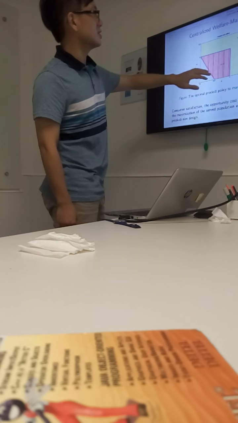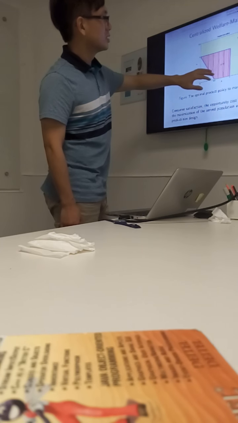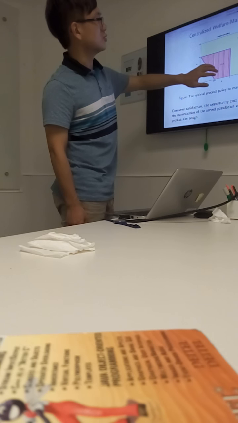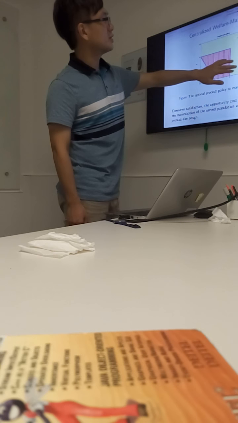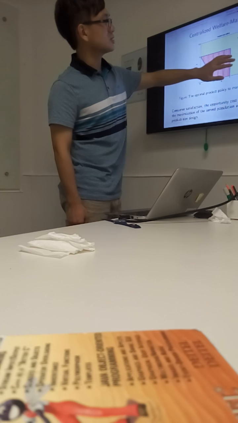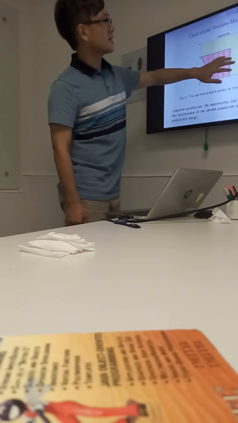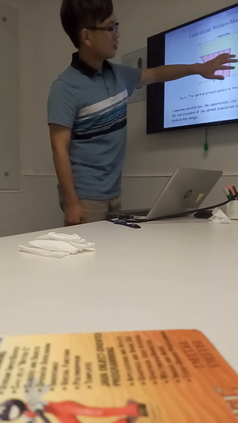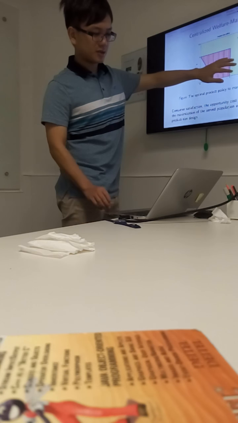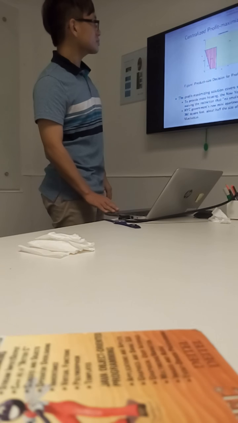When the capacity is medium, the optimal solution is to produce both large and small products. While when the capacity is very large, the optimal solution is to sell the large product.